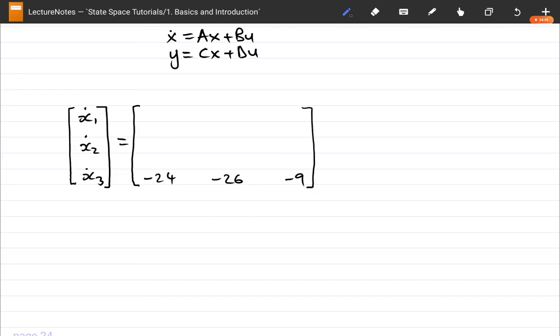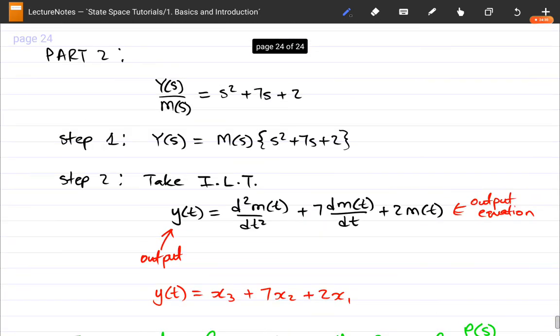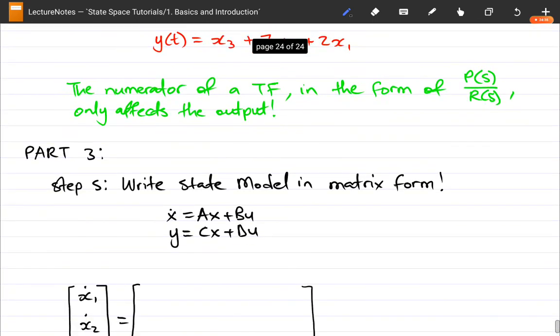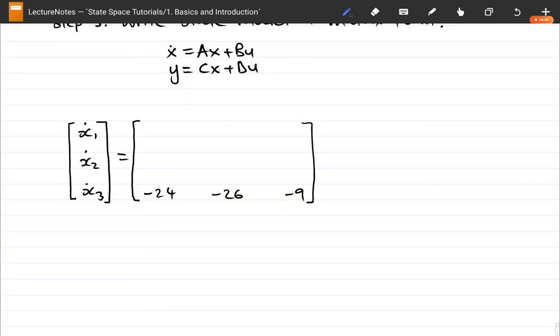Okay, and then for x dot 2, x2 dot, it's just x3, and x1 dot is x2. So we should know this pattern by now. That looks like that, and everything else is 0. And this one is just going to be our state vector, x1, x2, x3.